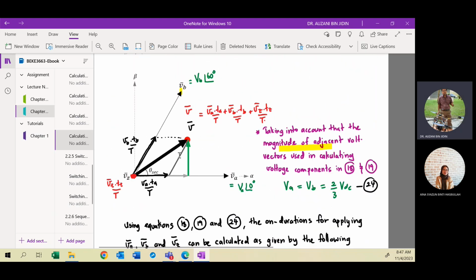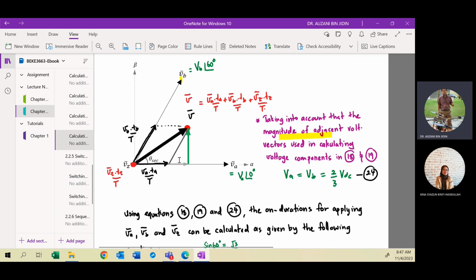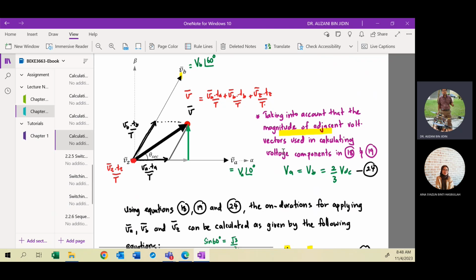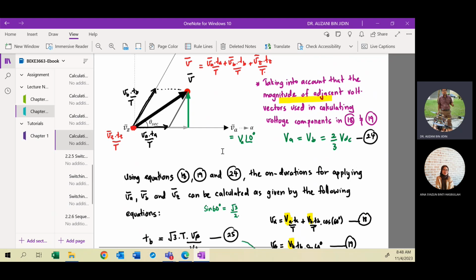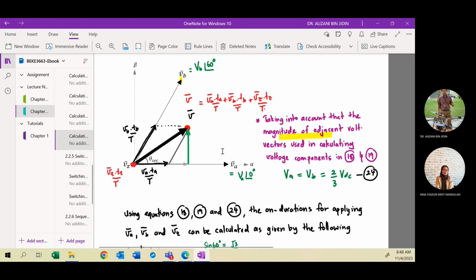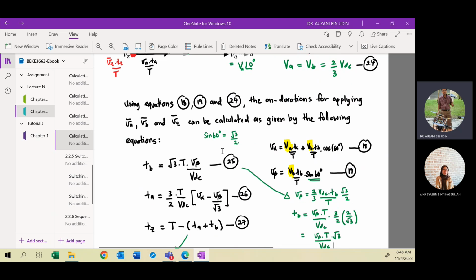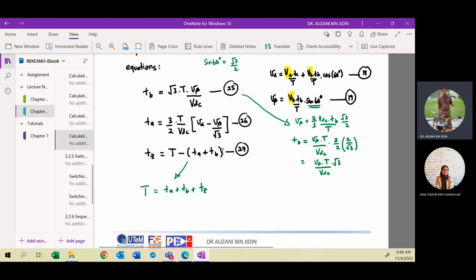So you have to indicate all the component vector values. Of course, you need to apply the trigonometry functions. Cos theta is adjacent divided by hypotenuse. Sin theta is opposite divided by hypotenuse. So you apply the trigonometric functions to calculate all the component vectors. Then you can proceed to derive. Finally, you get these three equations, TB, TA, and TZ.